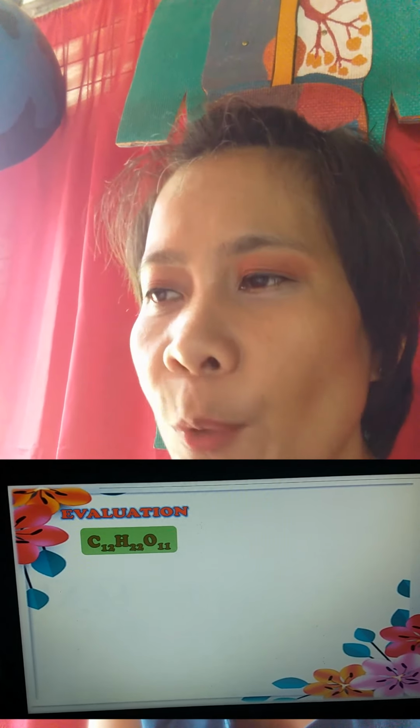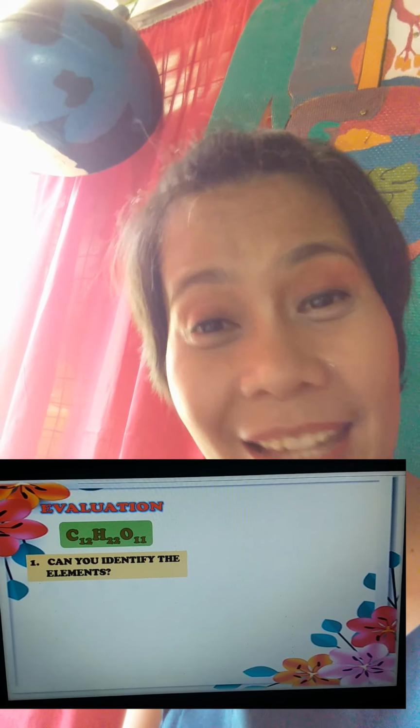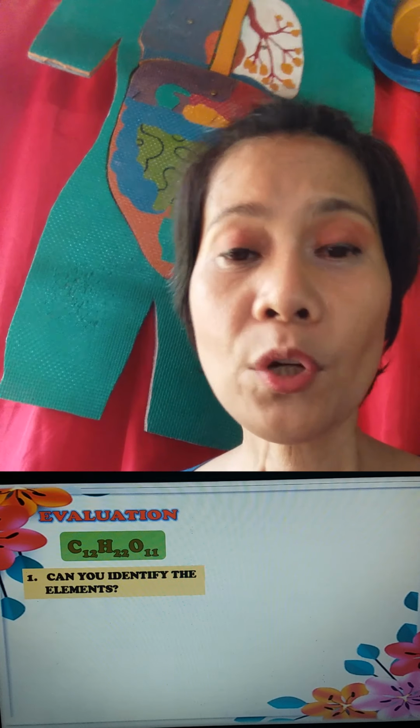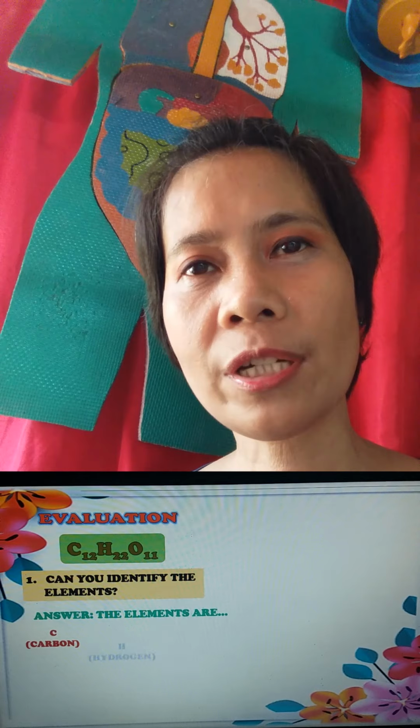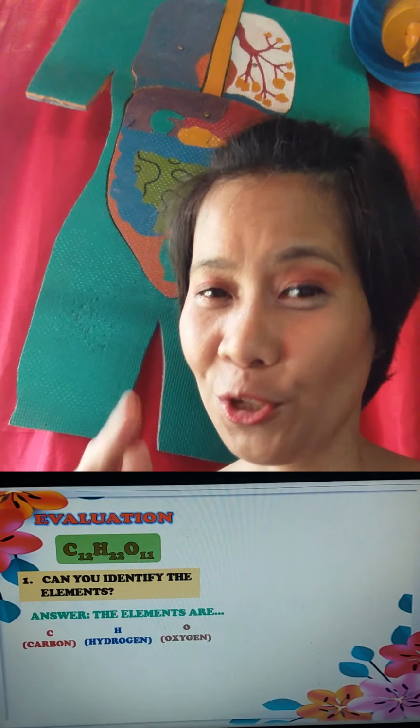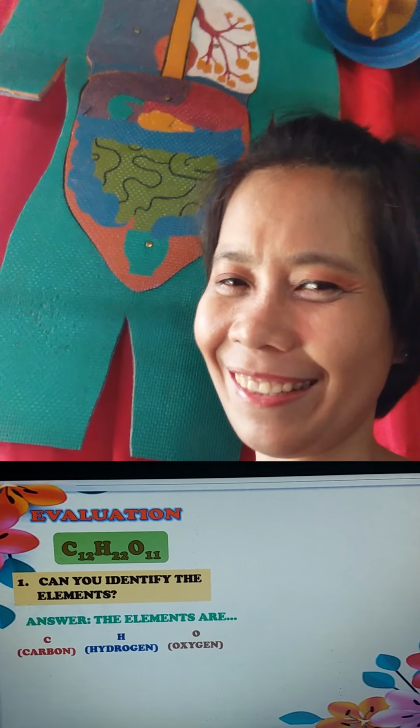Now, let's check your understanding. The chemical formula of sugar is C12H22O11. Can you identify the elements? Let's find out. If your answers are carbon, hydrogen, and oxygen, you are correct.